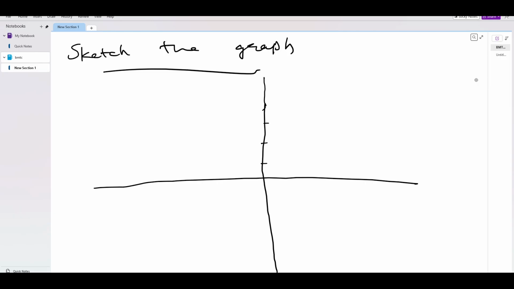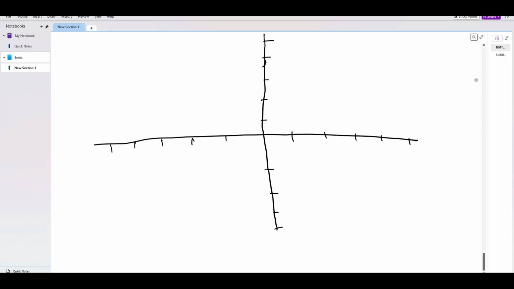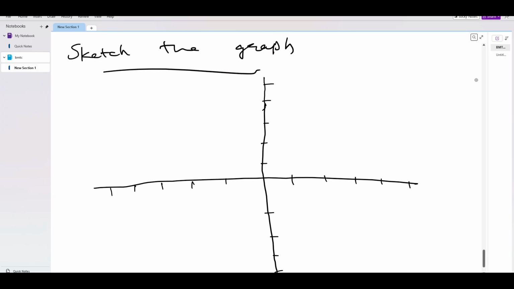So the curve is like this. When it tends to the positive side of 1, it will be infinity, and it is reaching 1 as x tends to infinity.